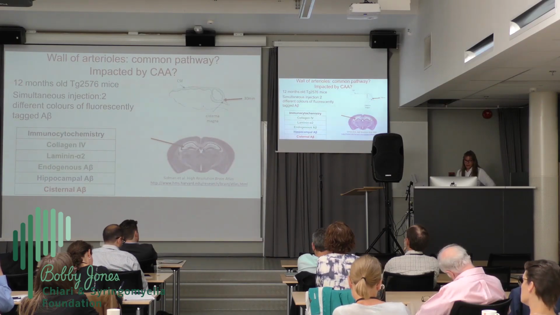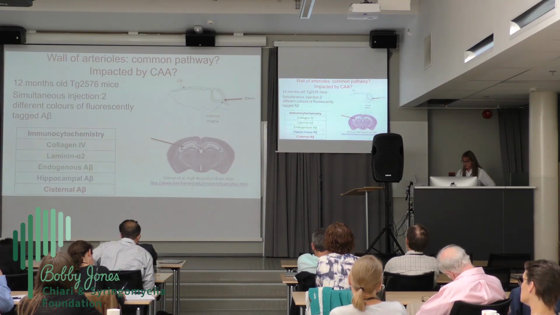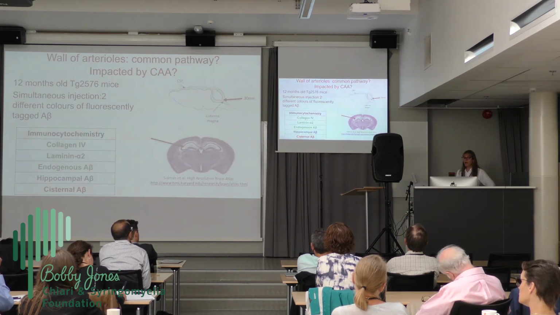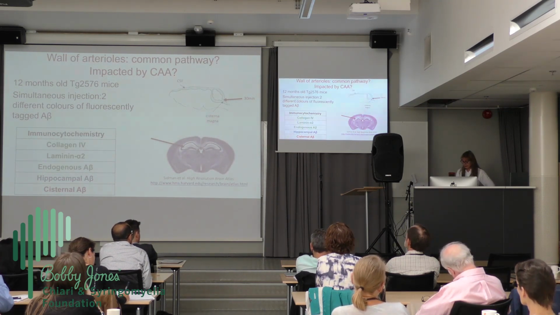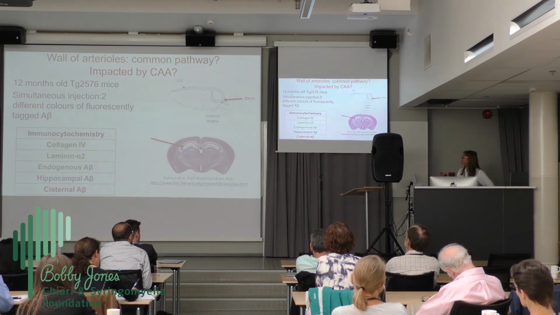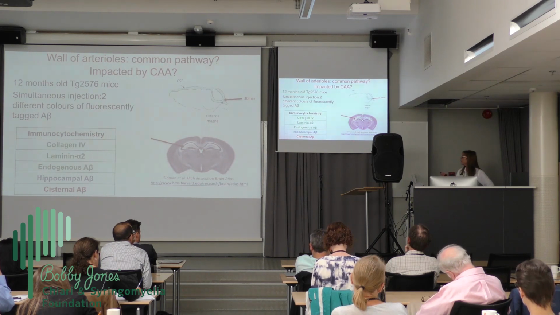So what we've done recently is we've used an Alzheimer's mouse, and we decided to just go crazy, and we injected simultaneously amyloid beta of a certain color, blue, in the hippocampus, and in the cisterna magna, those poor mice.